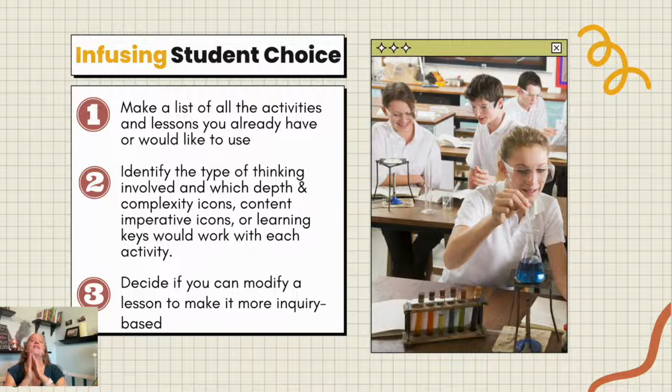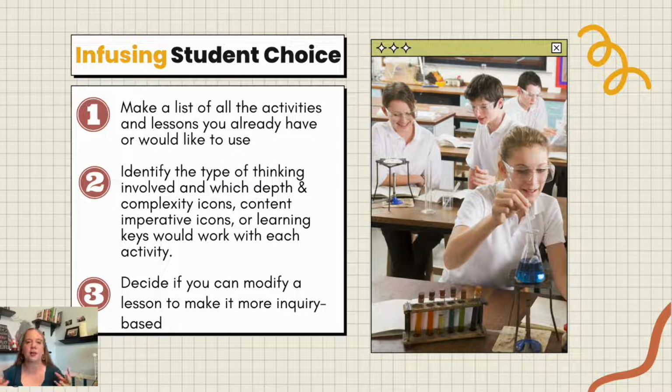I have tons of lessons, tons of activities, way too many to actually teach in the time frame I have, which is why instead of me choosing the activities for the year, I allow my students to choose the activities they're going to be doing, and I give them the power of choosing what they would like to work on, what interests them instead.